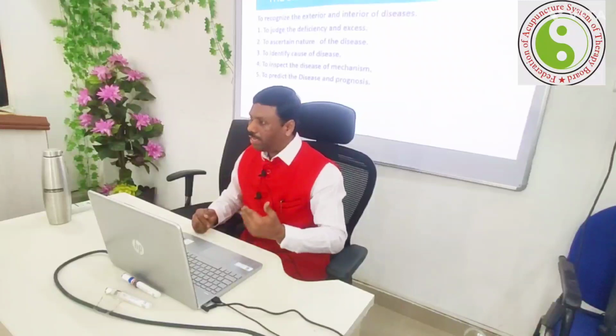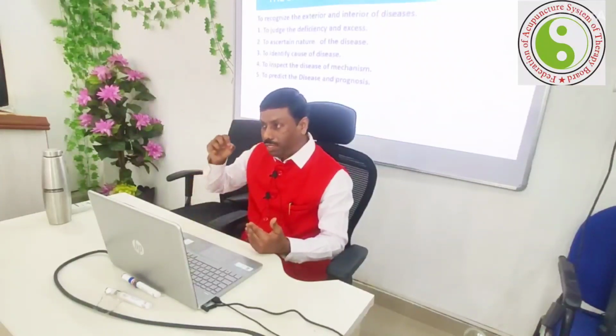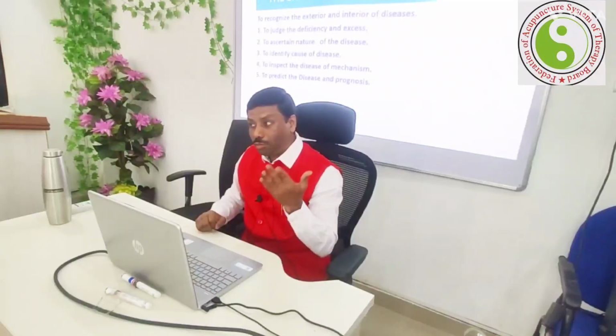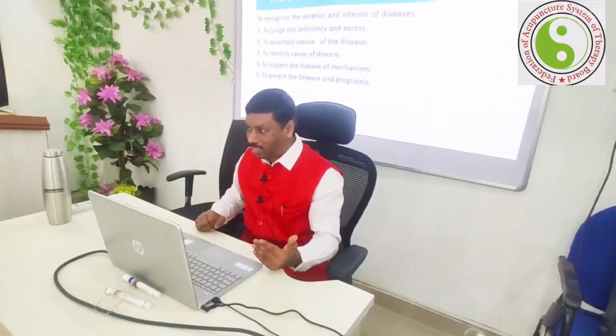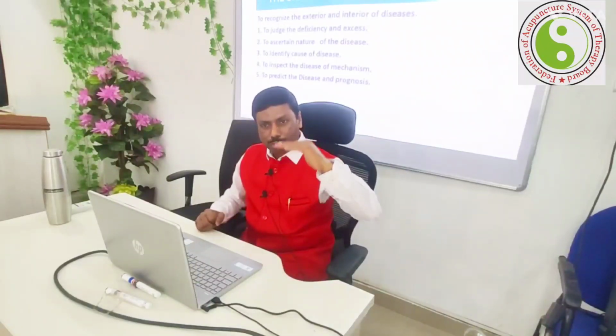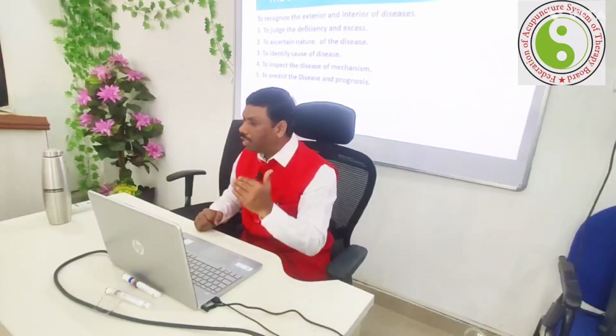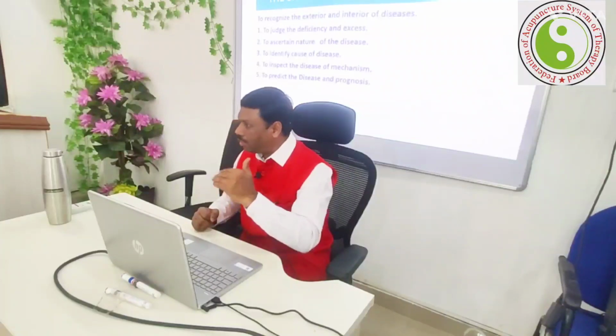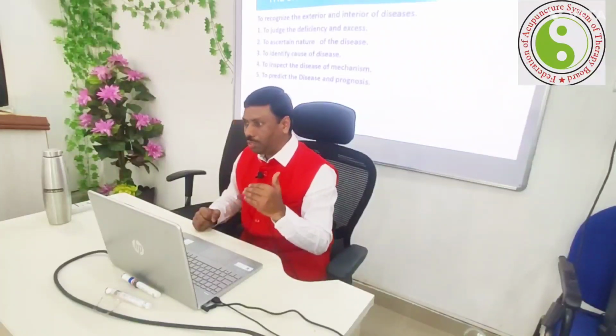Then come to the next level. This is the deficiency or the excessiveness. We try to predict that through pulse analysis. Now we understand, place the finger on the artery. Then we try to find out if the pulse is there, that is to be normal.